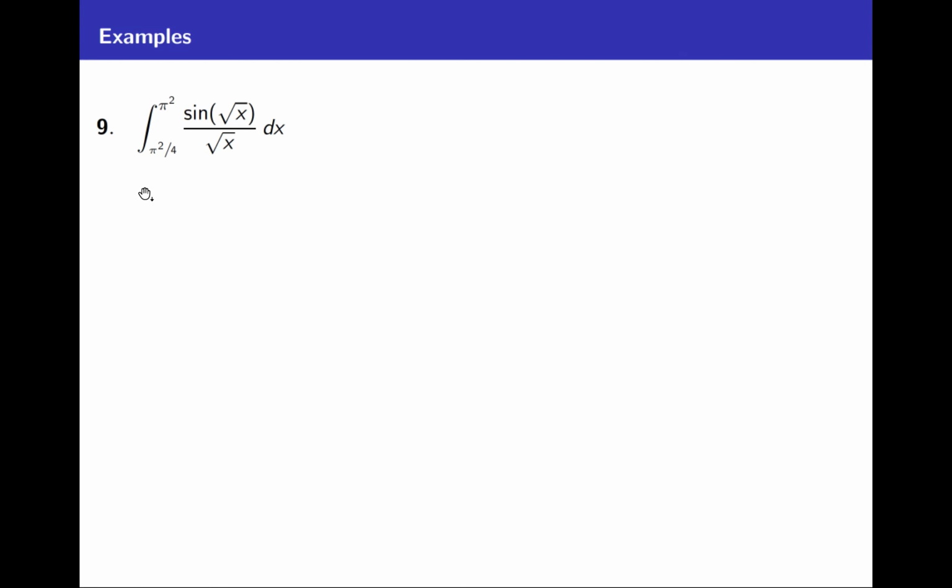New example, integral from pi squared over 4 to pi squared of sine of the square root of x, divided by the square root of x, dx. So this one, let's sort it out just for aesthetic reasons to analyze what's going on.